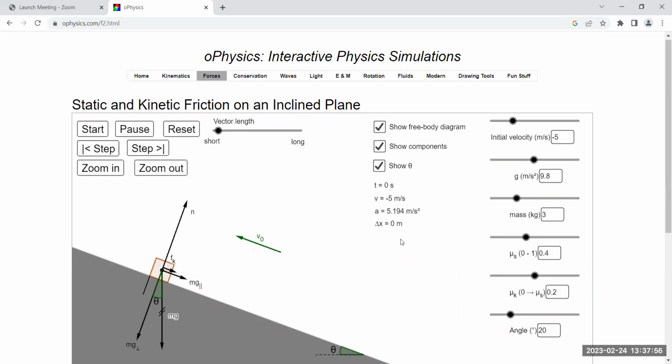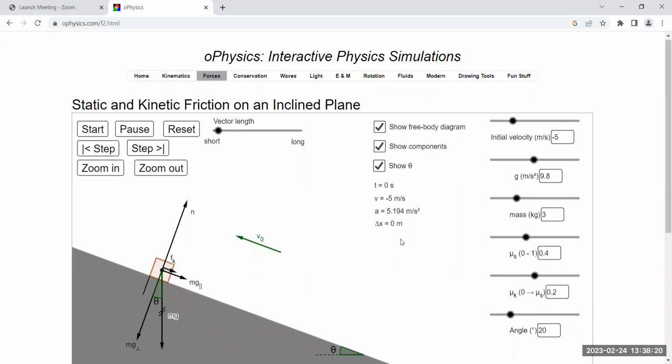Well, if we know the acceleration, because we can calculate that from forces, and we go back to our kinematics equation, we know that the velocity of an object is the initial velocity, v naught, plus the acceleration of the object times the amount of time it has been accelerating.